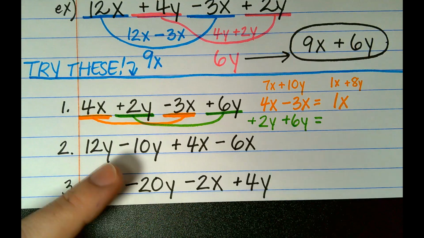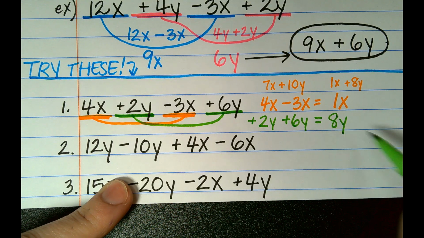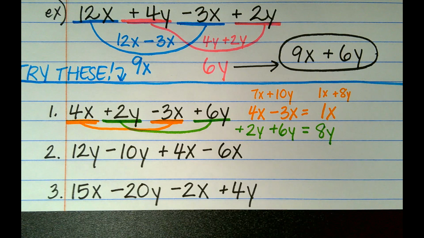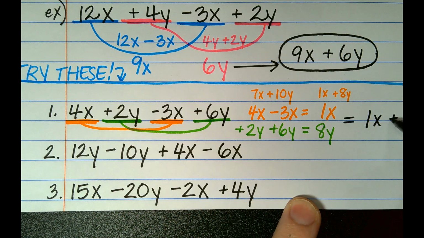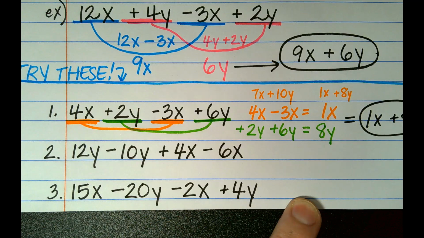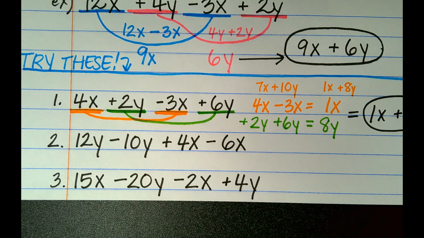And what's that going to give us? 8y. So our answer is going to be 1x plus 8y. Good. 1x plus 8y. Perfect. So y'all got it. Awesome.